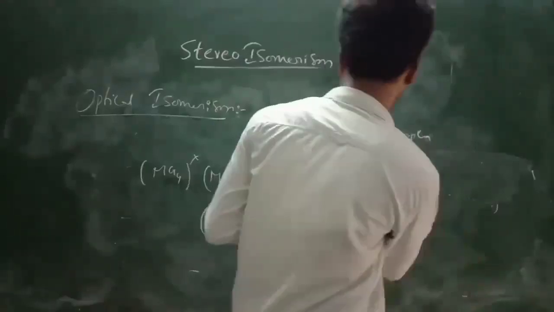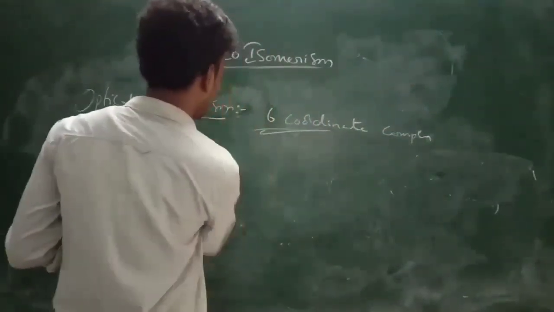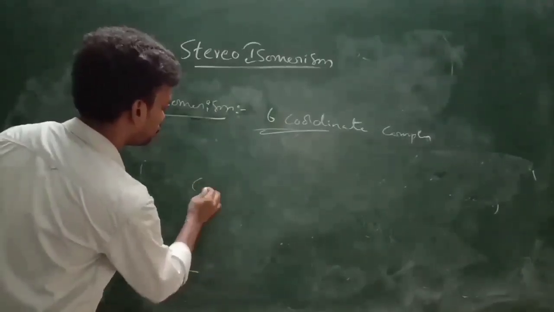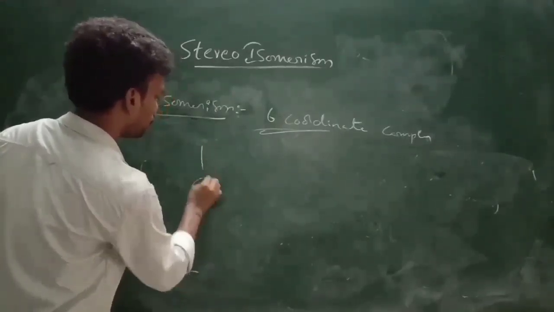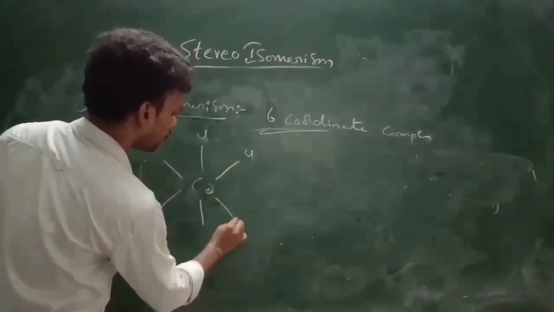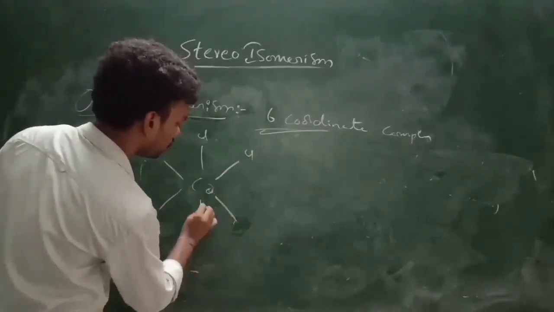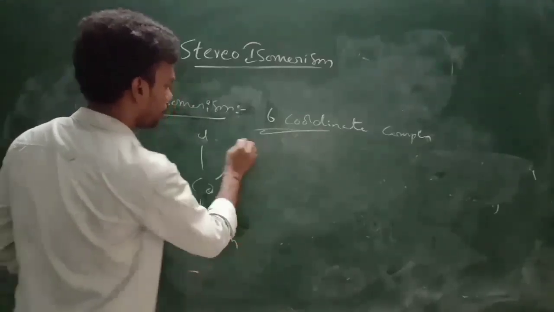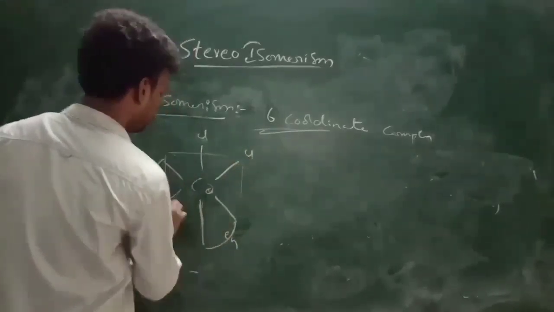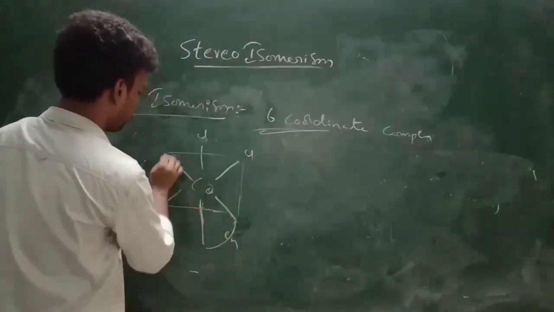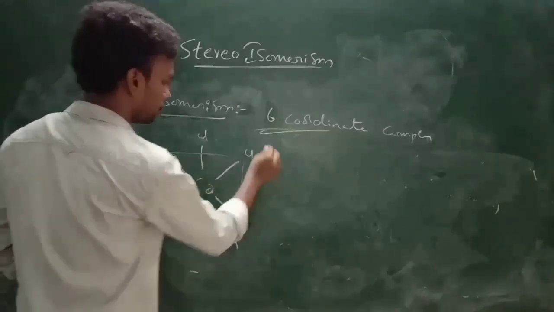Let's see the structure. So Co, Cl, NH2, ethylene diamine. So this is one form.